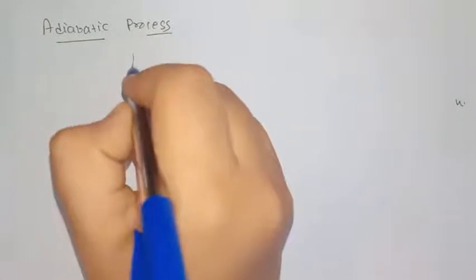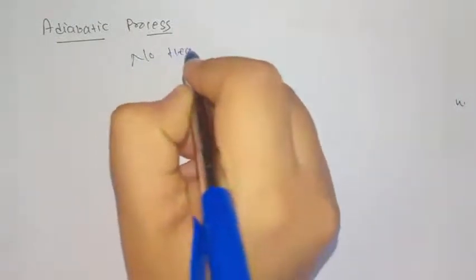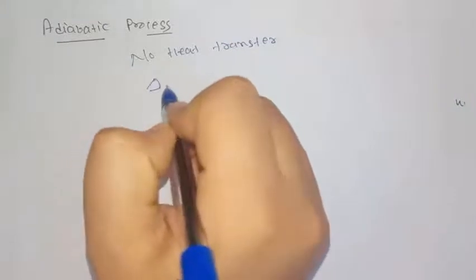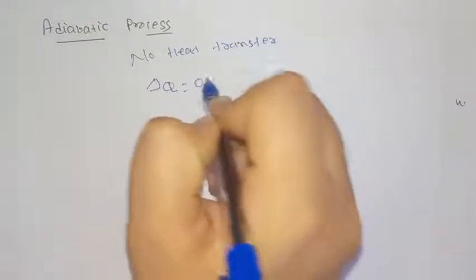Now, let us understand the adiabatic process. A process in which no heat transfer takes place between the system and its surroundings is called an adiabatic process. That means delta Q will be equal to 0.